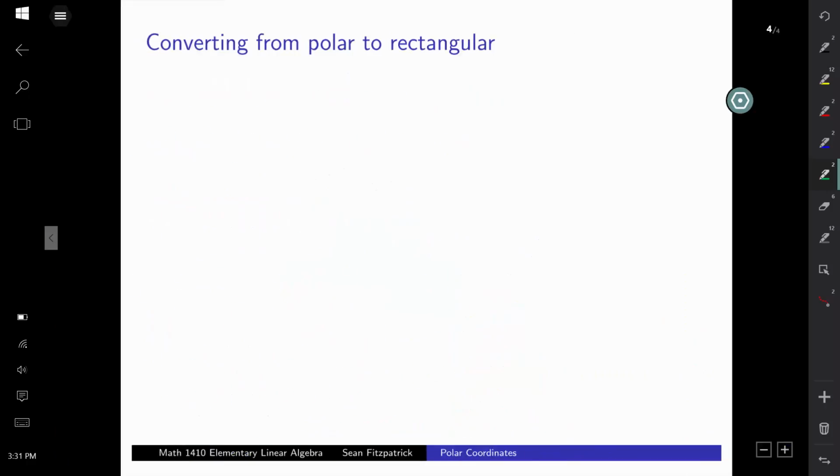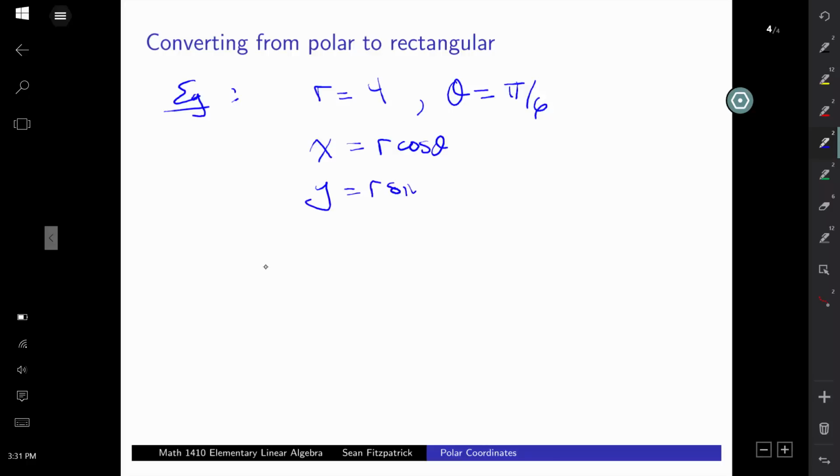Okay. Converting from polar to rectangular. Polar to rectangular is a little bit better. So let's say r is equal to 4, theta is equal to pi over 6. Well, converting this is straightforward because x is equal to r cos theta, y is equal to r sine theta.